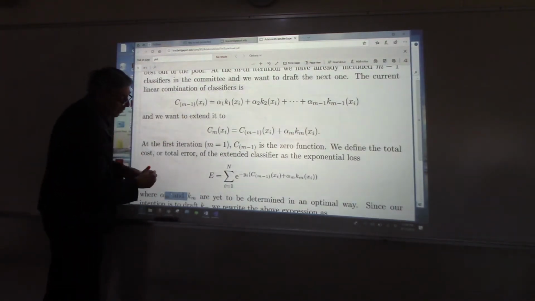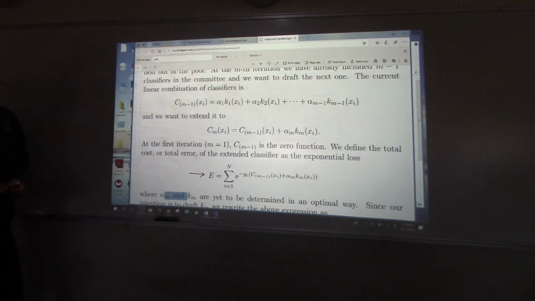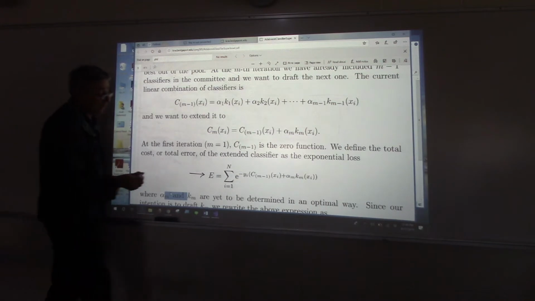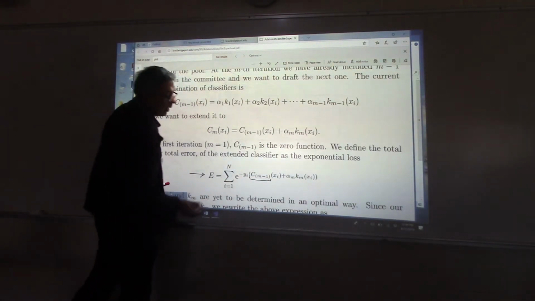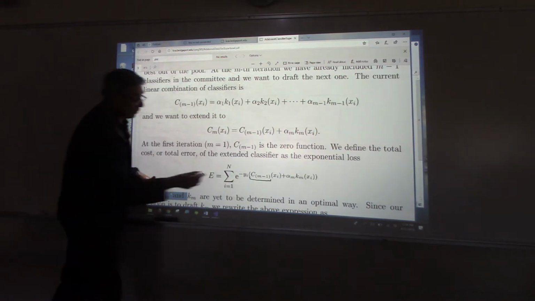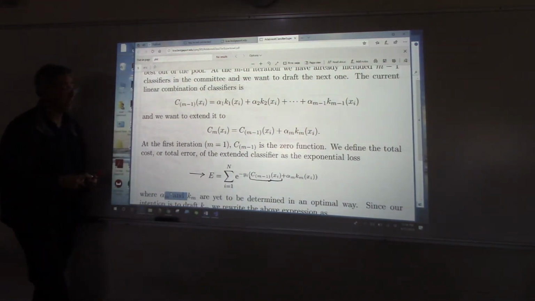Okay, the error function that we are creating over here, if you take a look, is basically Cm minus 1 of x of i, the decision of the sum of classifiers so far.